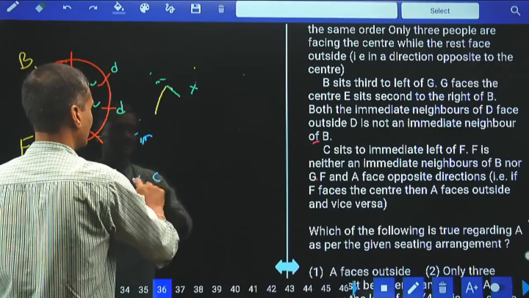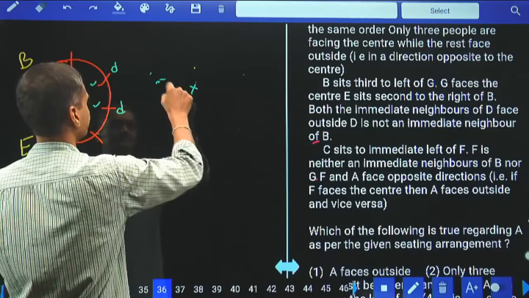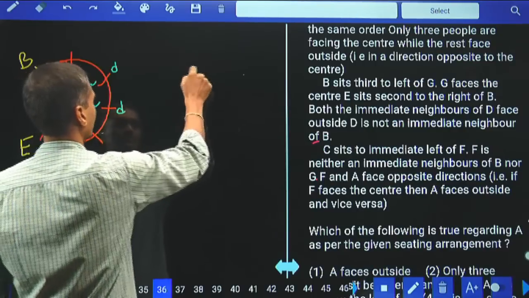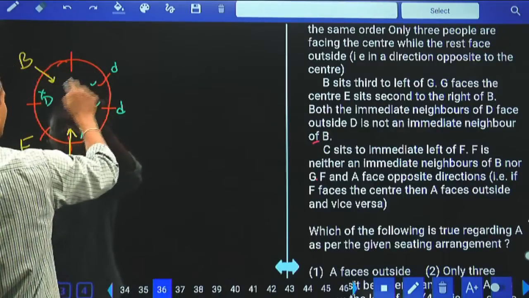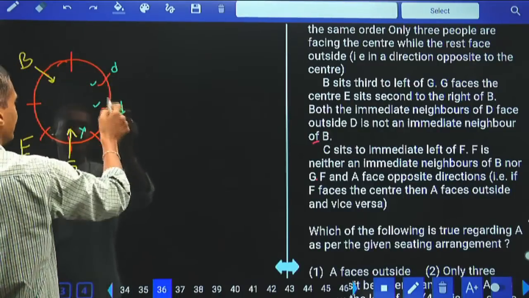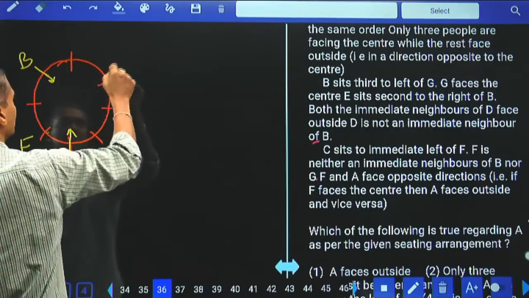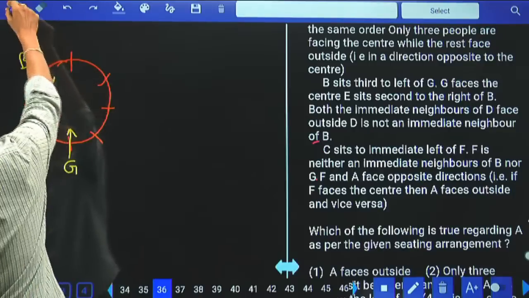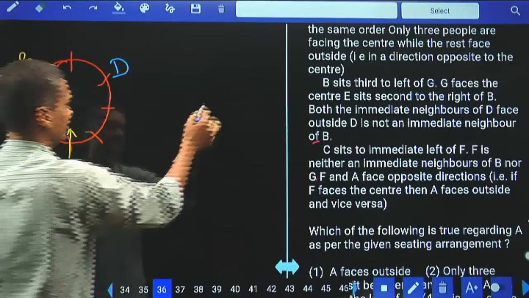You can directly draw another diagram. Okay. Now here we are left with two cases. D can be here, D can be here. Now let us take two diagrams representing this. In the first case I am taking D here. In the second case I will take D here.